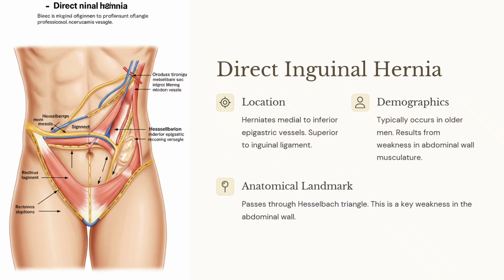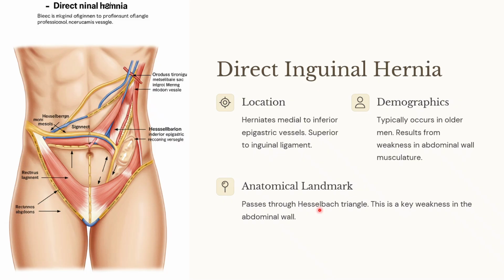So let's talk about direct inguinal hernia. A direct inguinal hernia is something where the hernia will pass through the Hesselbach's triangle. So what happens is that the hernia can pass either through the deep inguinal ring or superficial inguinal ring, and through that it can form the hernia.